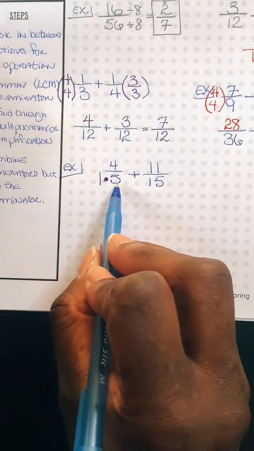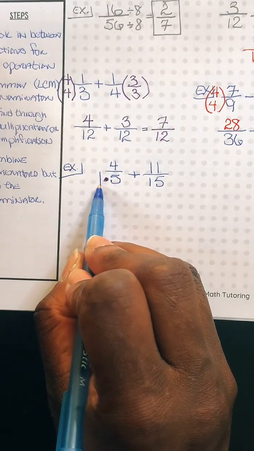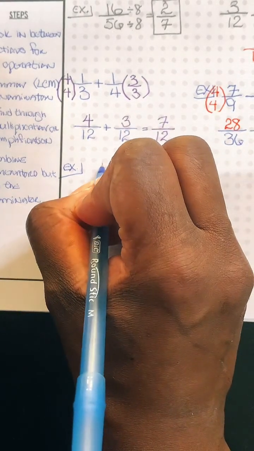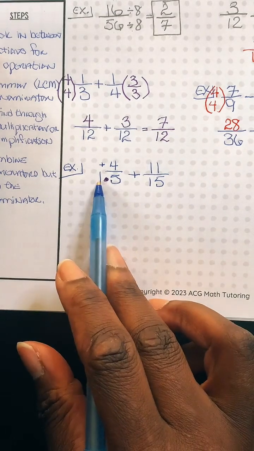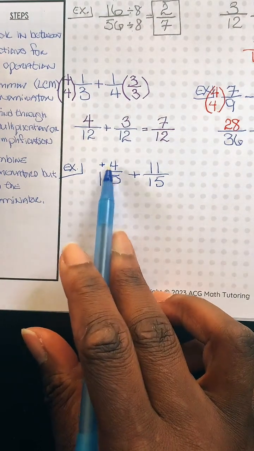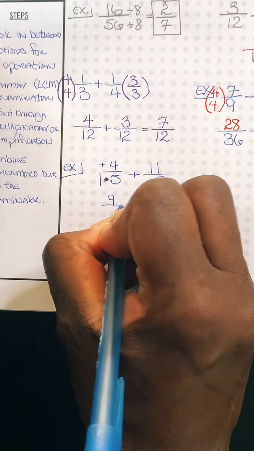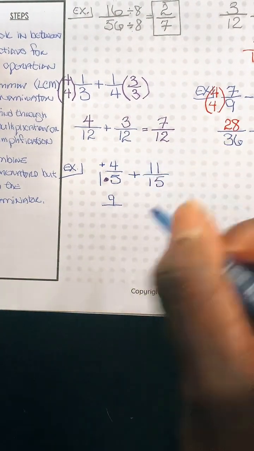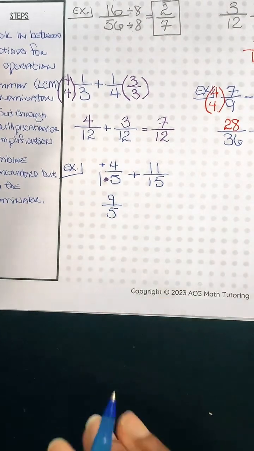So you multiply the denominator with the whole number. We're going to get an answer. Then we take that answer and add it to the numerator. So 5 times 1 gives me 5. 5 plus 4 gives me 9. And we put it over the same denominator. Let me know if I have to break that down again.